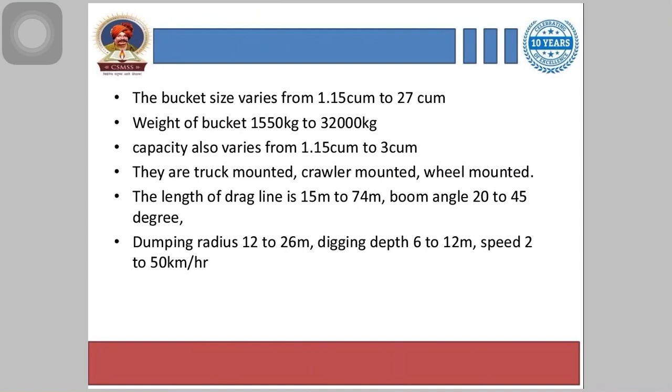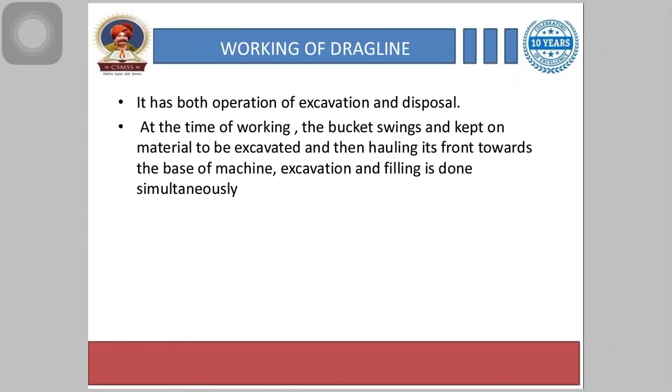They are truck mounted, crawler mounted, or wheel mounted. The length of the drag line is between 15 meter to 74 meter. Boom angle is between 20 to 45 degrees. Dumping radius is between 12 to 26 meter. Digging depth and speed are also given; speed is between 2 to 50 kilometer per hour.